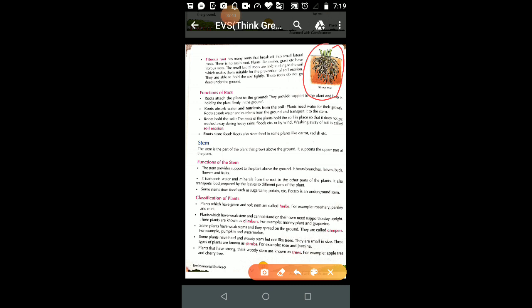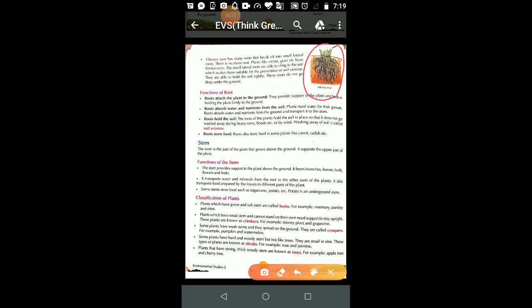Plants that grow tall and big and have a hard thick woody stem are called trees. Some examples of trees are neem tree, mango tree, etc.